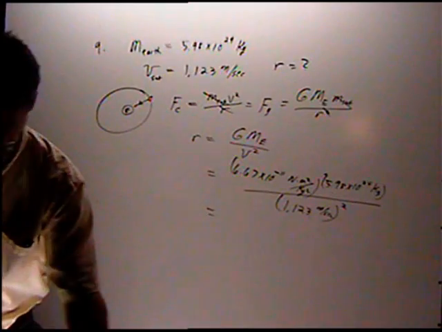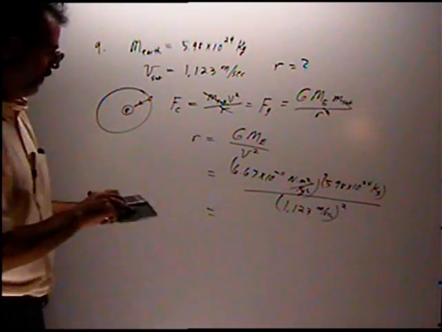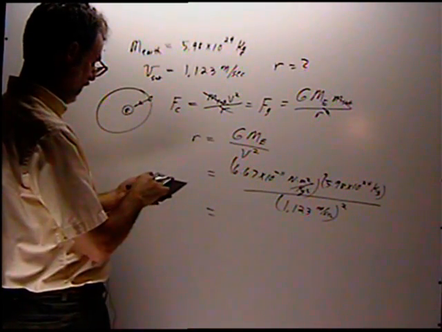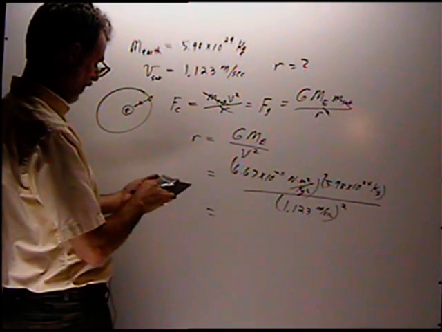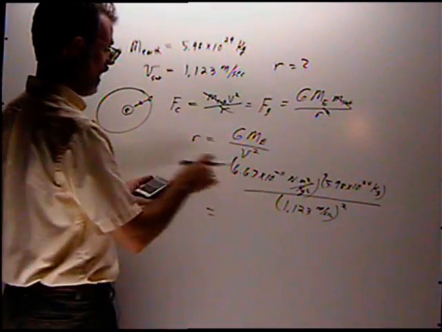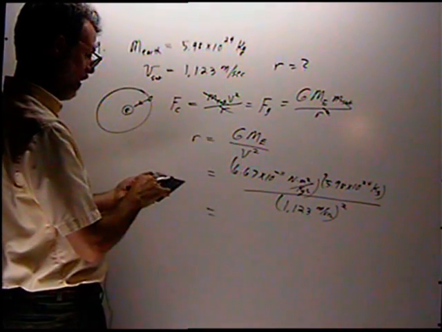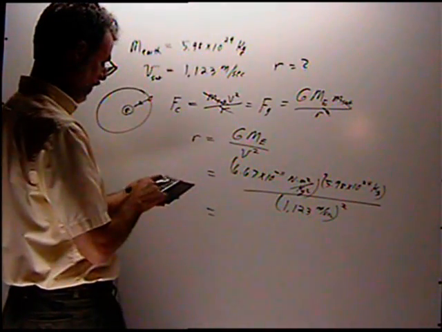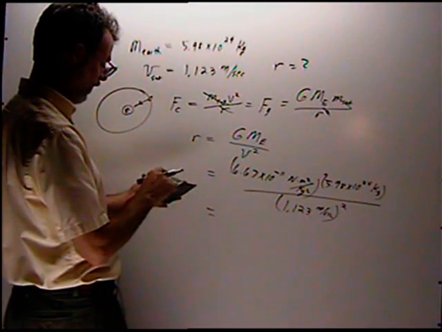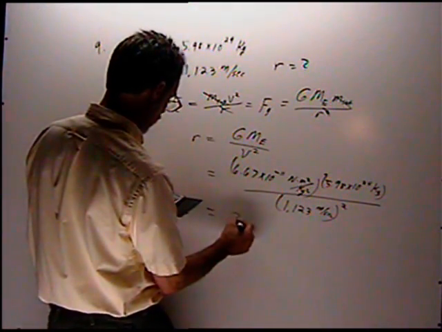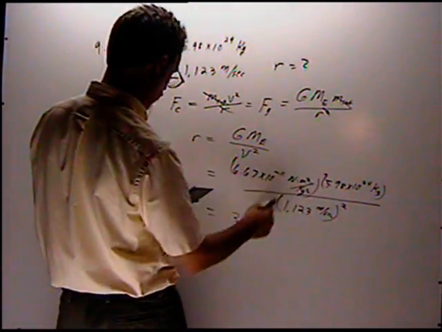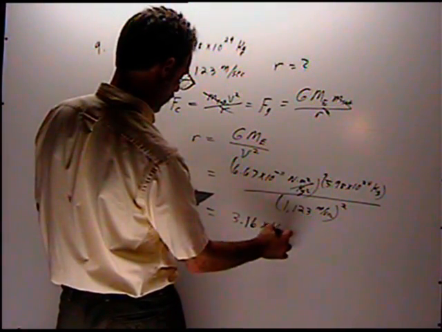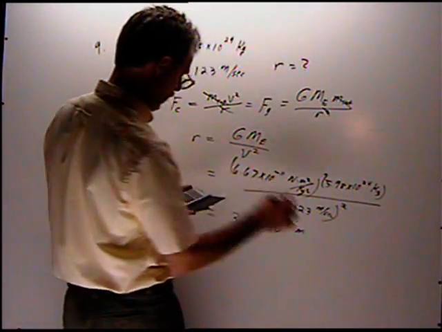So that radius would be, I take G multiplied by the mass of the Earth, and I divide by 1123, I have to square it first, and I get, rounded off to 3 significant figures, 1.76 times 10 to the 8th meters.